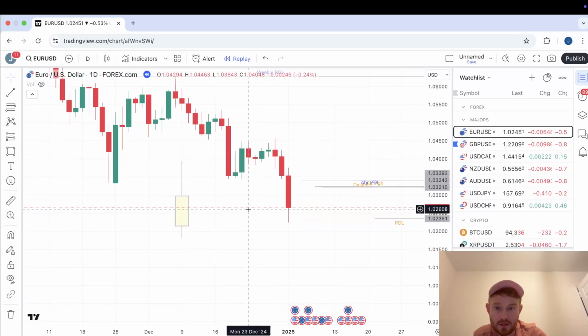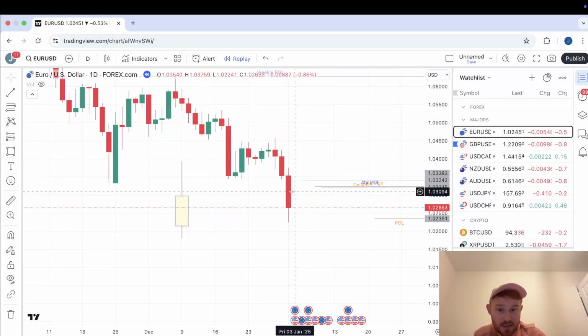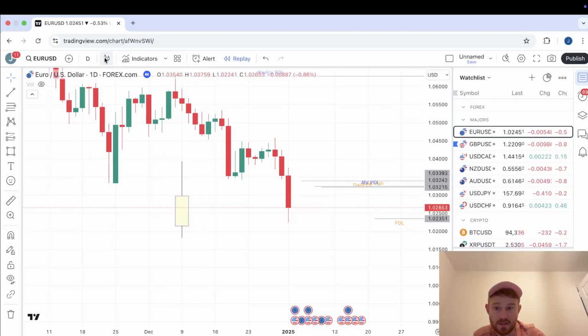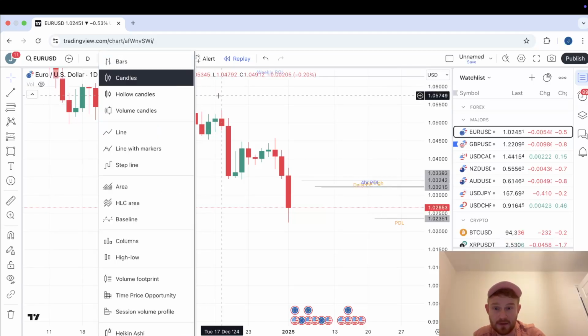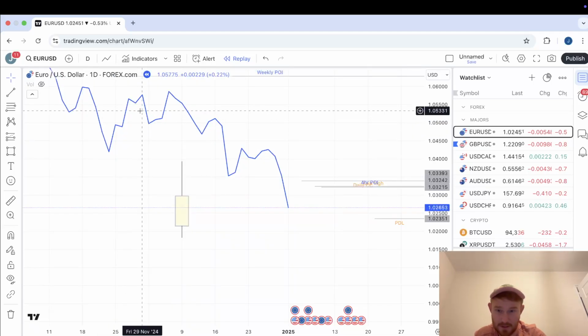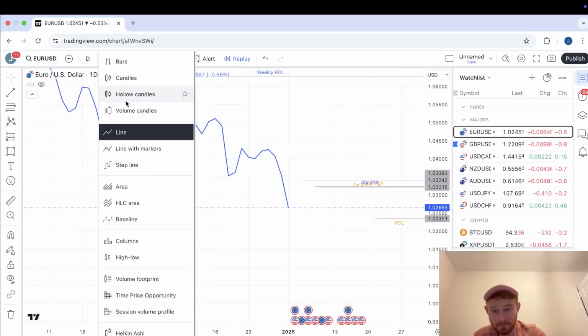Again, for further clarity, my chart is set up such that green is for bullish candles and red is for bearish candles. To be fair, you can change these into whatever color you want. For me, it's just cleaner doing this. You can change your charts to look however you want as well. You can have a line chart, though I would find it impossible trading like that.